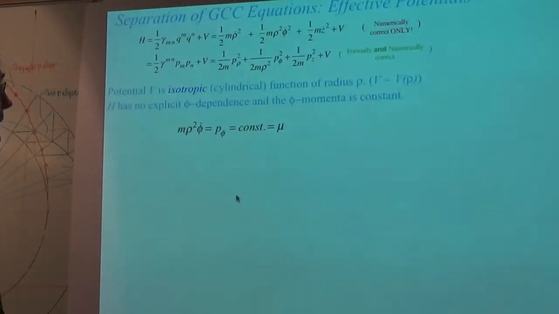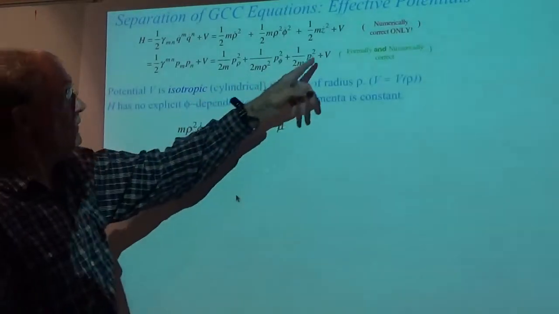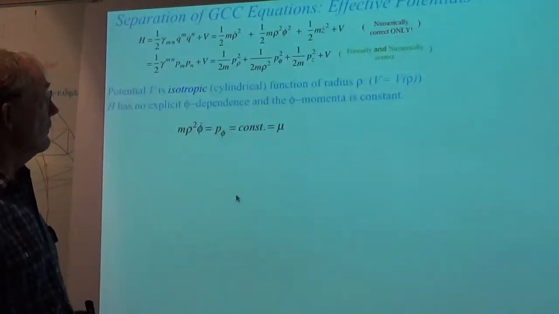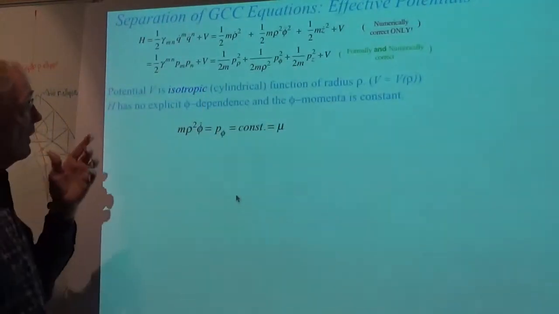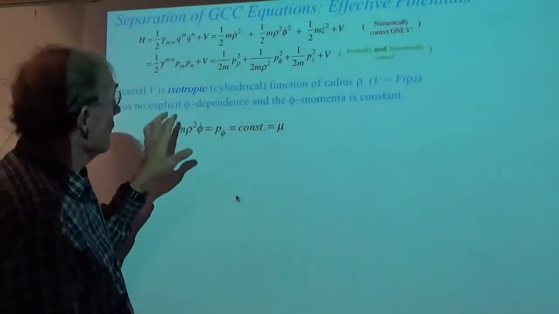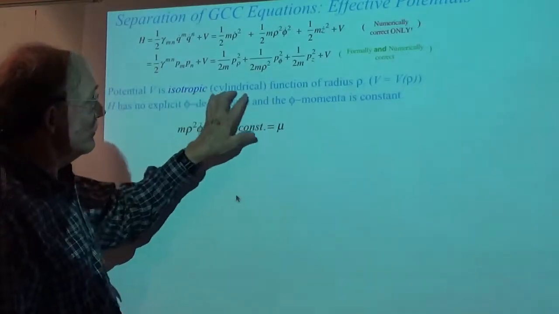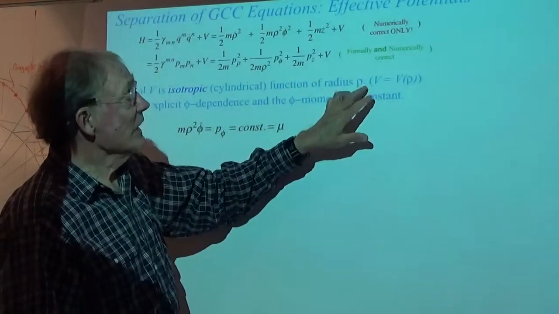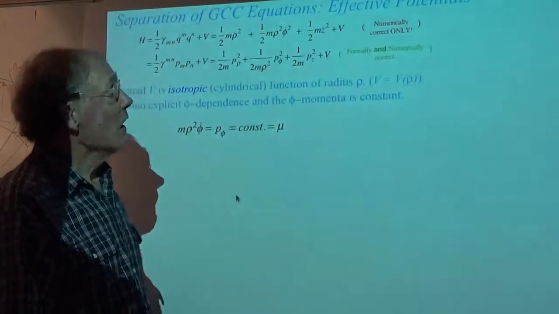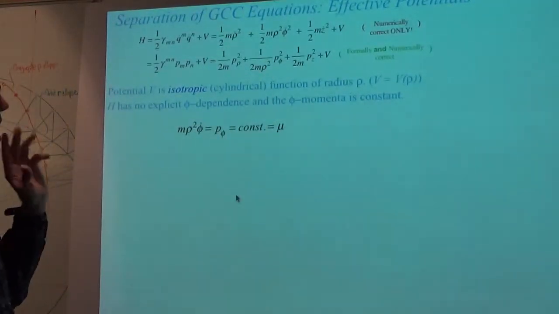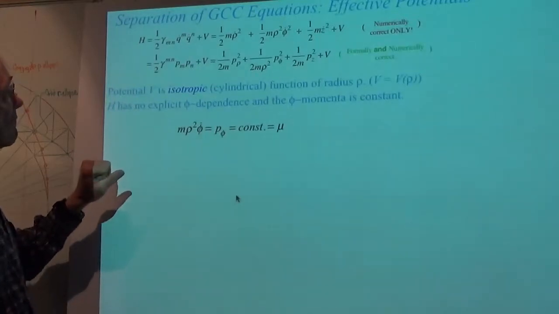And if the potential that goes with this particular cylindrical system is just a function of radius and not of the polar angle, then we have a constant of motion in addition to the Hamiltonian.